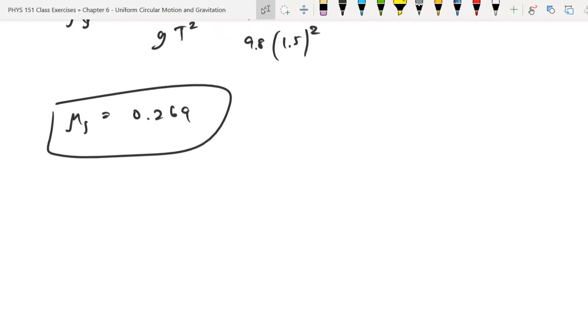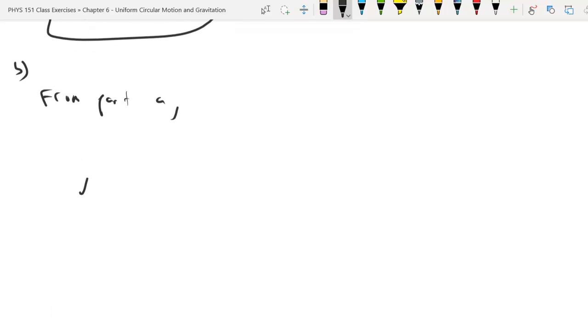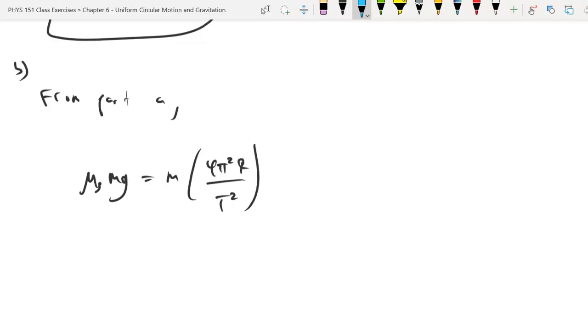So we can just use the results that we had previously. Let me go back a couple steps. But here's for B. From part A, we have mu s mg is equal to m times 4 pi squared r over t squared, right? So we can solve, actually we could have canceled that m out, but we can solve for r.